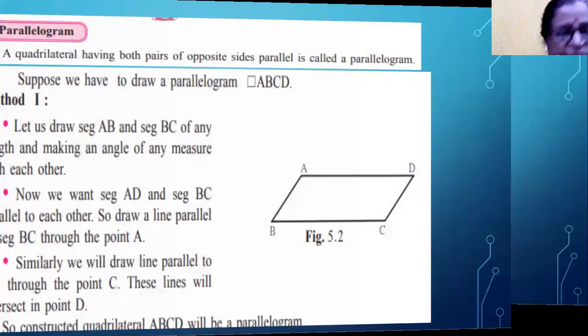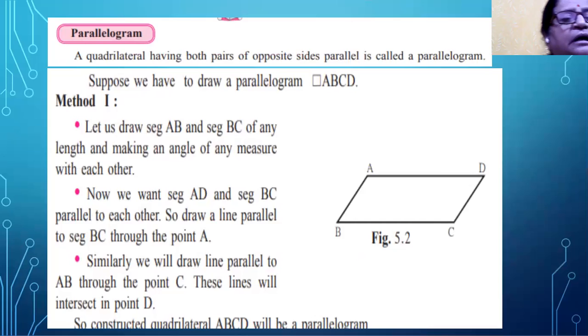Okay. Now, parallelogram. How can we see which quadrilateral is a parallelogram? A quadrilateral having both pairs of opposite sides parallel is called a parallelogram. Then how do we construct it? Suppose we have to draw parallelogram ABCD.